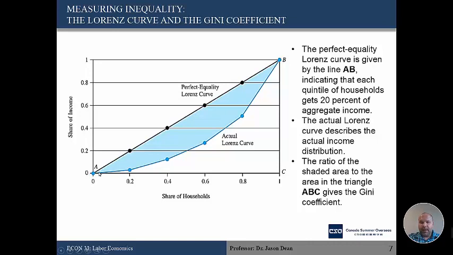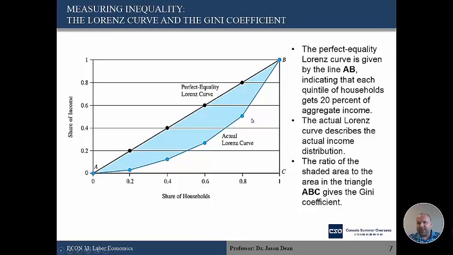Now, underneath would be an example of an actual Lorenz curve. Here we see that the first 20% of households has much less than a 20% share of income. And then if we look at the first 40% of households, they still have less than 20% share of income.